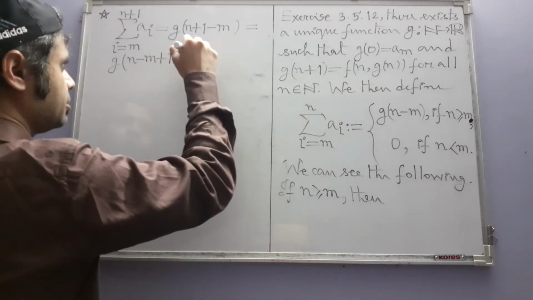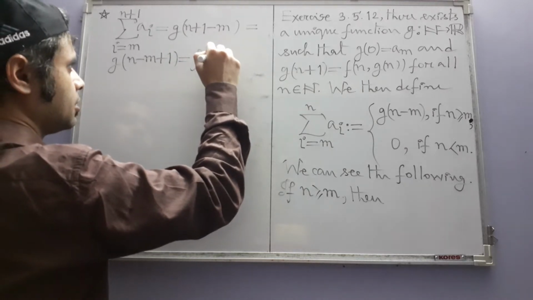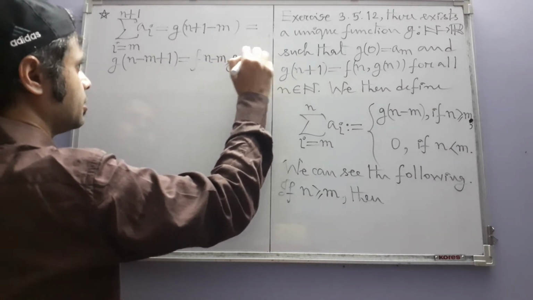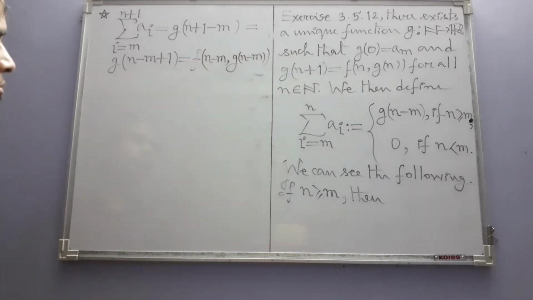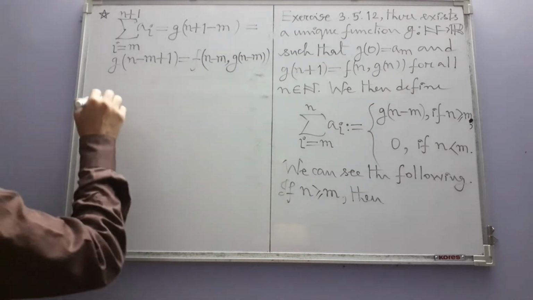Now applying that, we have f of (n minus m, g(n) minus g(n minus m)). Now we apply the actual definition of f.